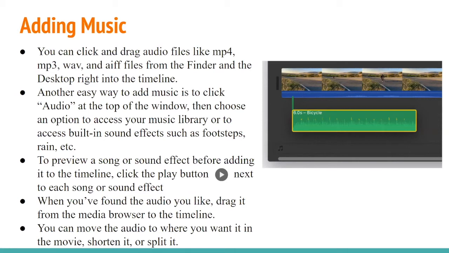Another easy way to add music is to click audio at the top of the window, then choose an option to access your music library or to access built-in sound effects such as footsteps, rain, etc. To preview a song or sound effect before adding it to the timeline, click the play button next to each song or sound effect. When you found the audio you like, drag it from the media browser to the timeline. You can move the audio to where you would want it in the movie, shorten it, or split it.